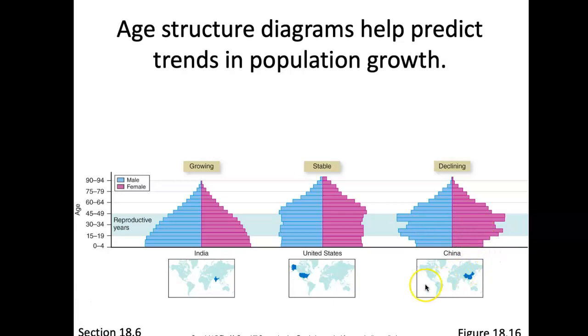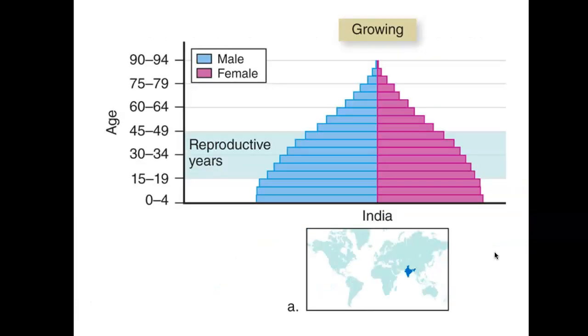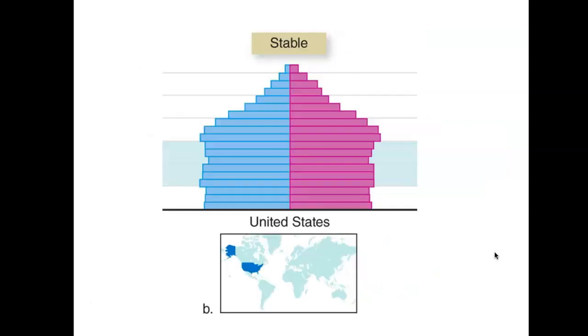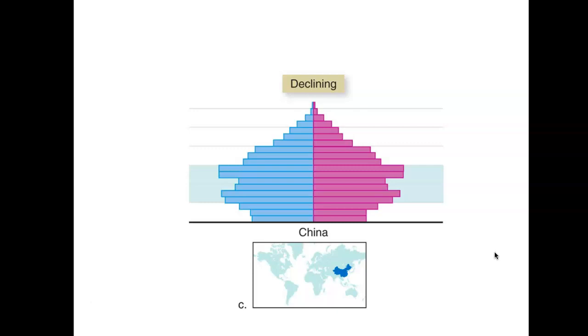So this is the China effort of 1 child only, and they've now gone back on that because they're finding that they don't have enough of the young population to move into those jobs, work jobs mostly needed of a population that's aging. So this is just enlarged for you so that when you print it out, when I show it to you 6 per page, you can see it growing, stable in the US, and declining in China.